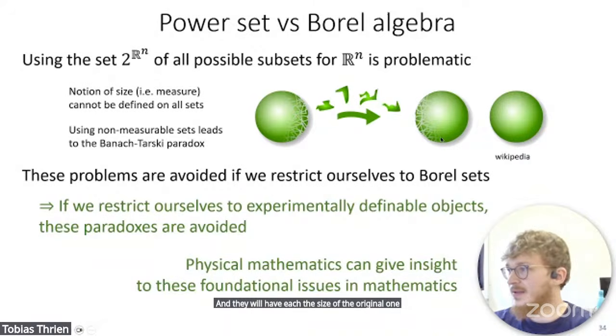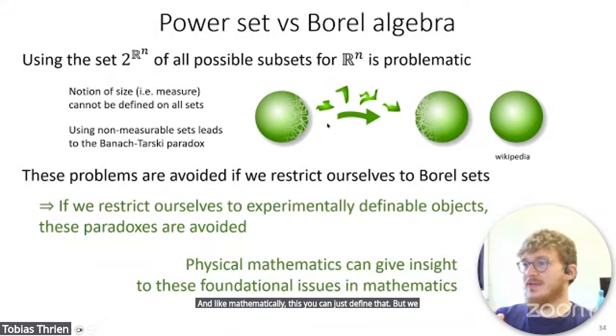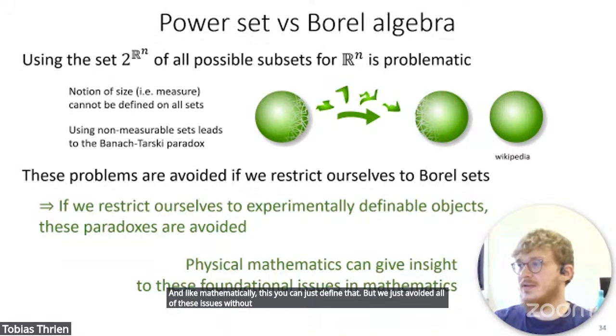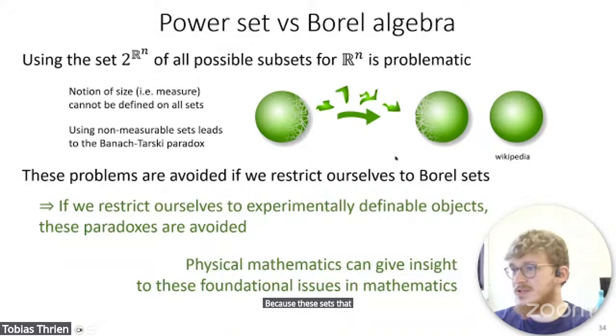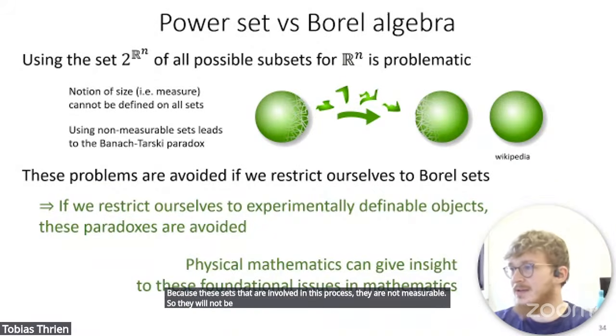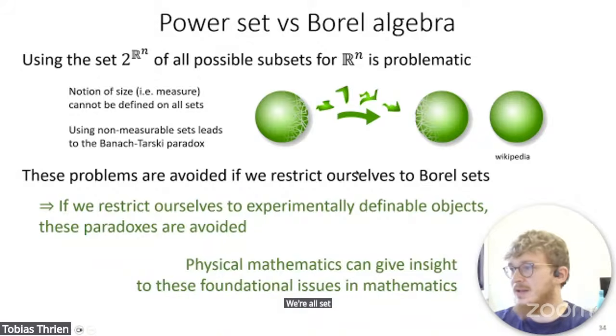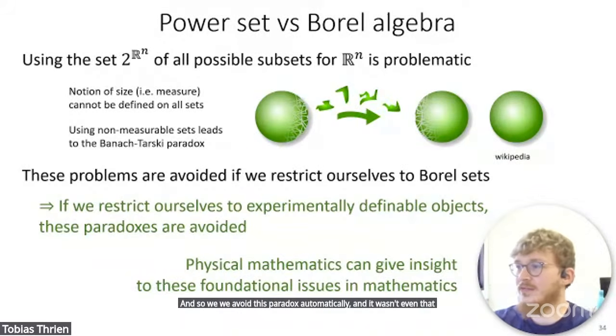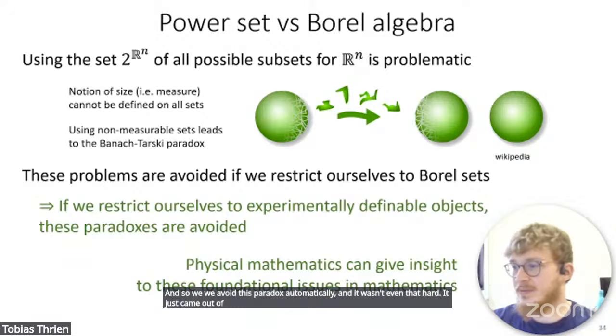Mathematically you can just define that. But we just avoided all of these issues without even explicitly thinking about them, because the sets involved in this process are not measurable. So they will not be a Borel set. And so we avoid this paradox automatically. And it wasn't even that hard. It just came out of very simple physical requirements.